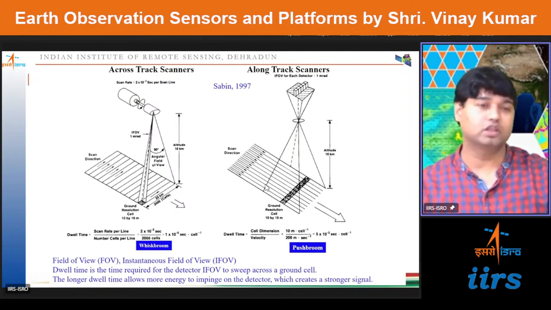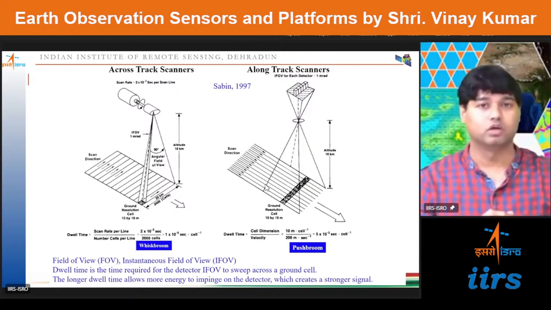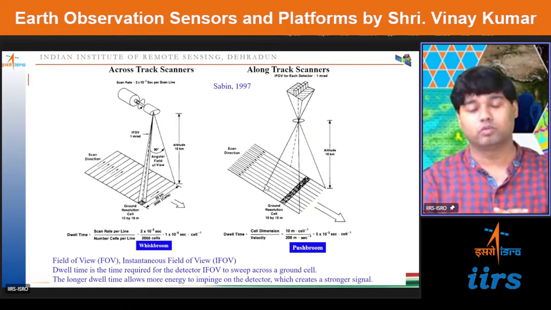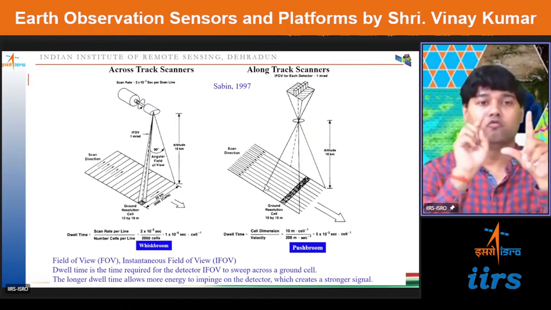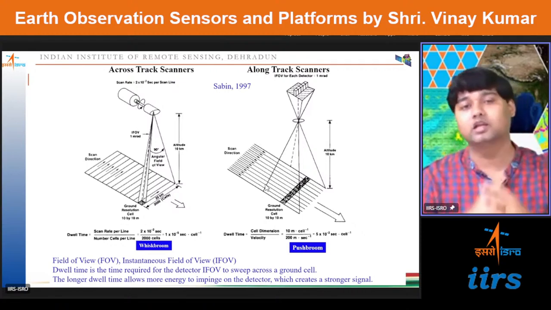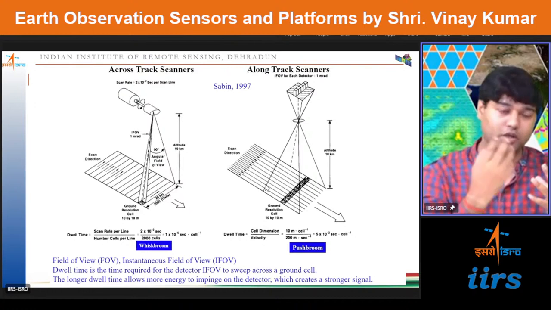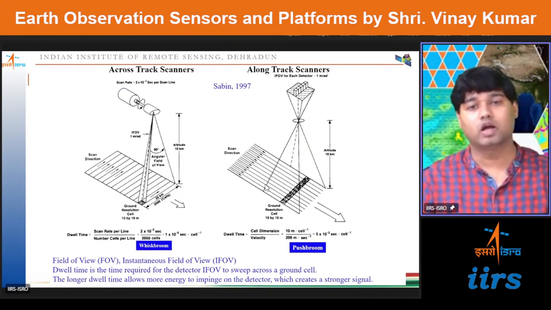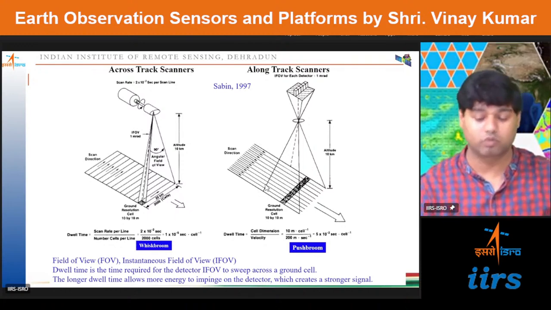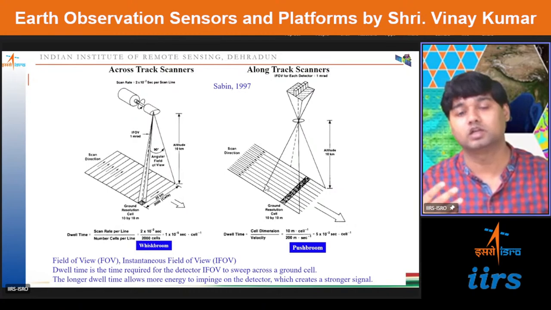You can compare it with a camera: suppose you take out the camera and just click the photograph, you will not get the proper information. Now take out the camera, hold it properly, focus on the feature, and then capture that. It means you are allowing more energy to be collected by the camera. In the same way here also, and that is further used for generating high resolution.